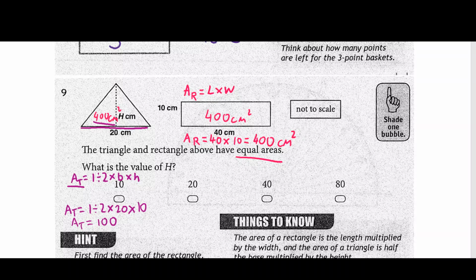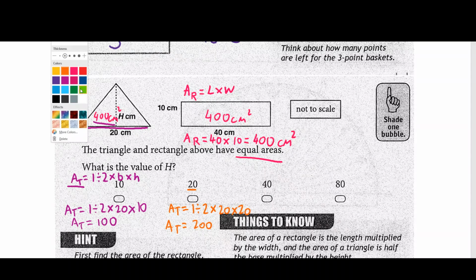Let's try this other one. The area of a triangle equals 1 divided by 2 times 20 times 20, which is 200. Not what we want. Let's try another one.